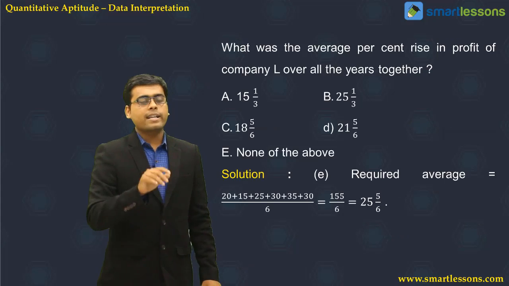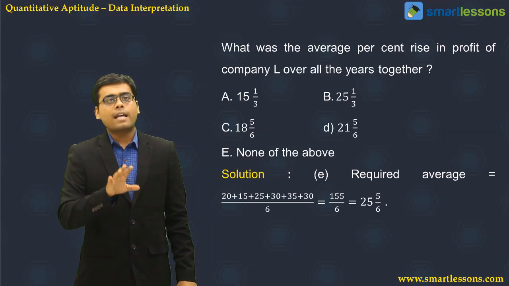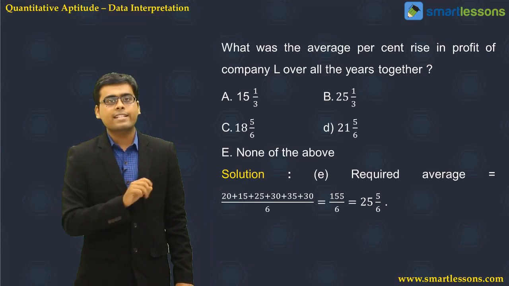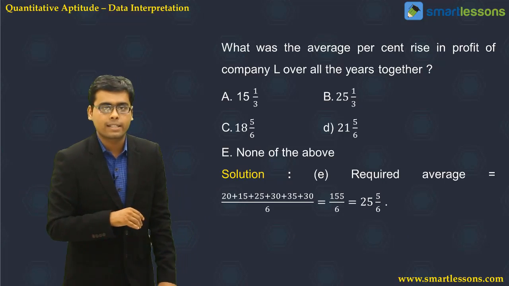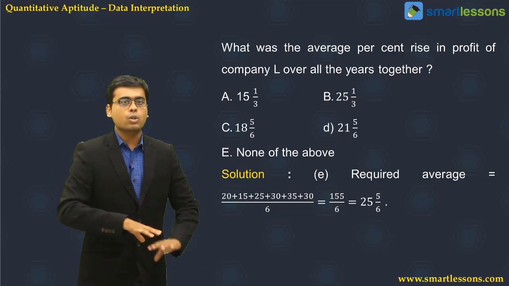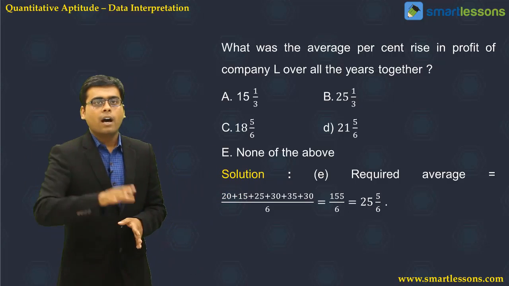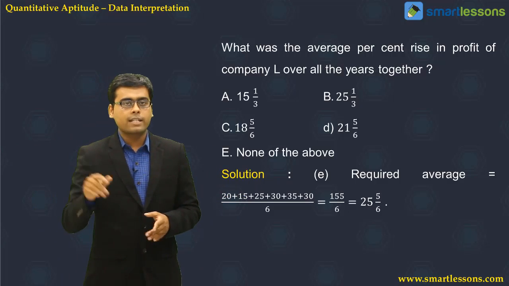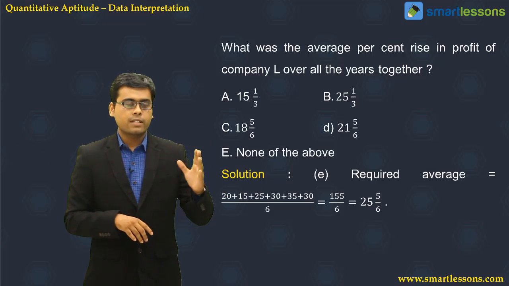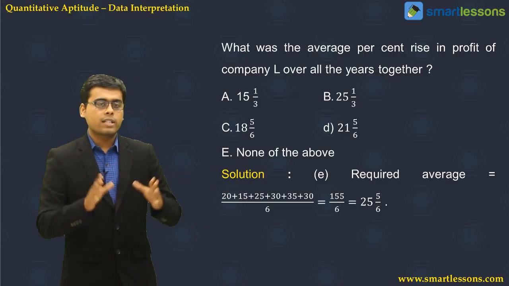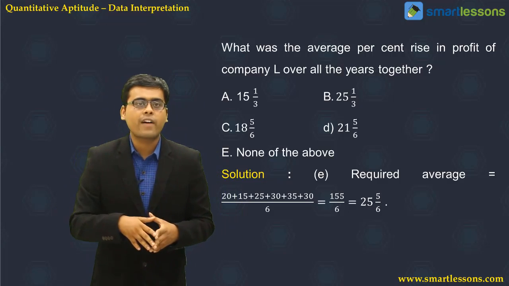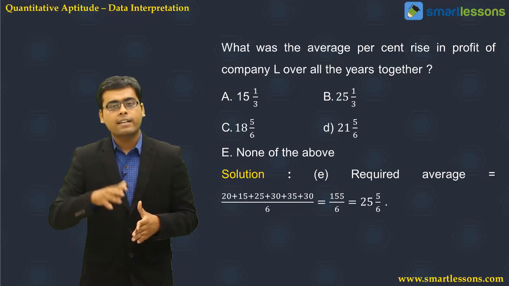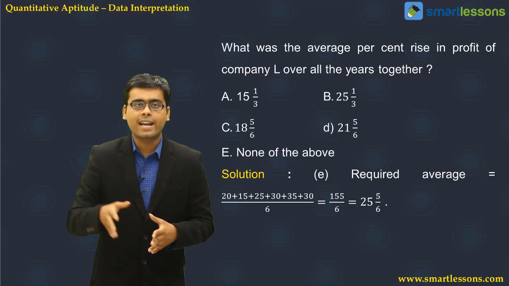Now the question is, what was the average percent rise in profit of company L over all the years together? So let us find out the total profit percent for company L over all the years together. In the 2004, the starting year, it was 20, then 15, then 25, then 30, next 35, and finally 30.